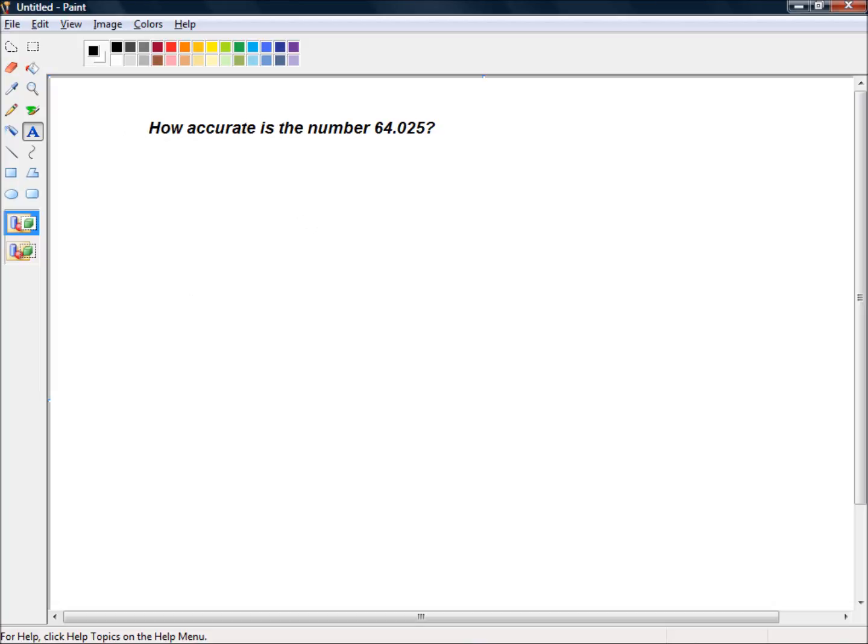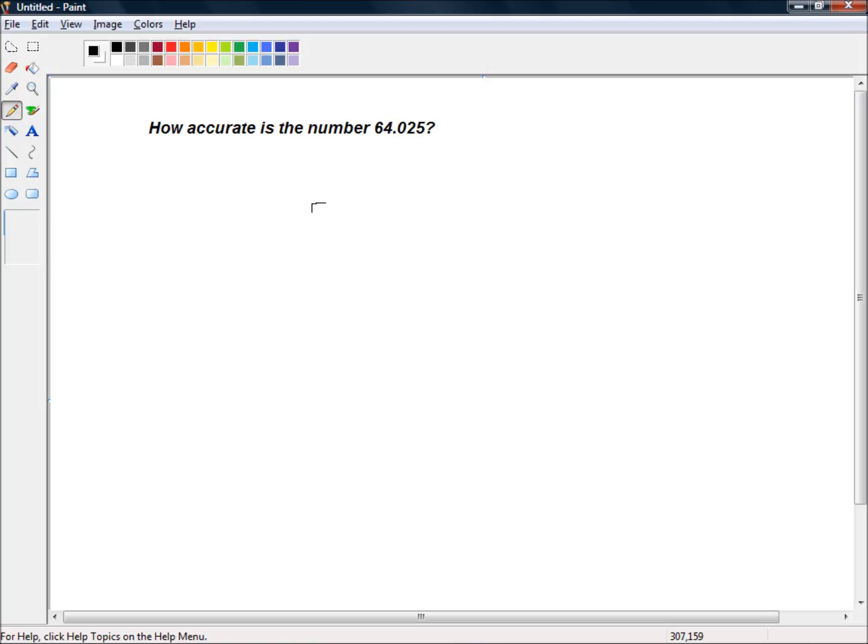So how accurate is the number 64.025? Well, what we have here is a number that's bigger than 1. So we start counting from the leftmost side. It has a decimal point, so all the digits are significant digits. So we've got 1, 2, 3, 4, 5.